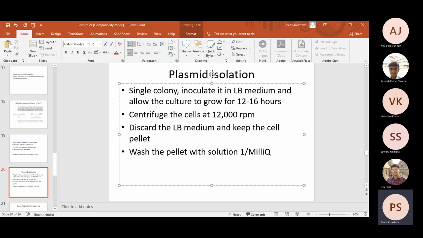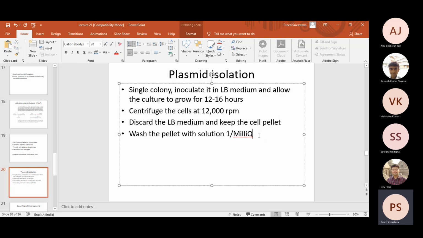So you are going to wash the pellet with solution 1, and this washing is very important because it has been shown that any traces of media are going to be inhibitory in the next steps. You should not have any traces of media. In molecular biology, whenever we use the term washing, it means you add the Milli-Q water or add the solution 1, vortex it and ensure that every cell is washed.